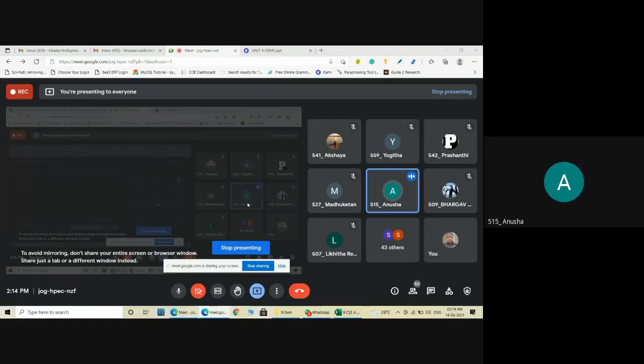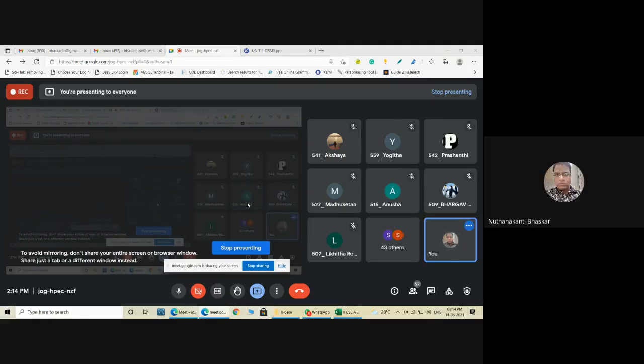Atomicity means either full execution is done or no step will be done in the process. Okay, good. Consistency: is there consistency in the database or not?